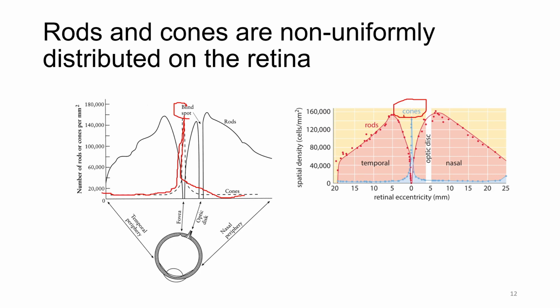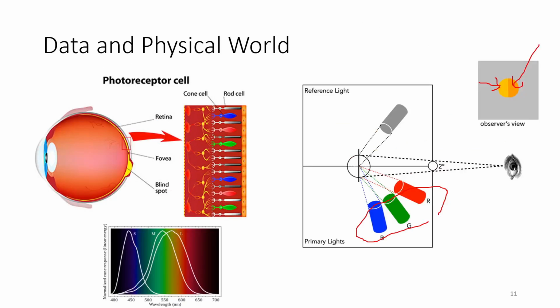So this is the histograph of those cells on our retina. Therefore, they need to use a very, very small hole so that they can accurately measure the similarity between 2 different colors.